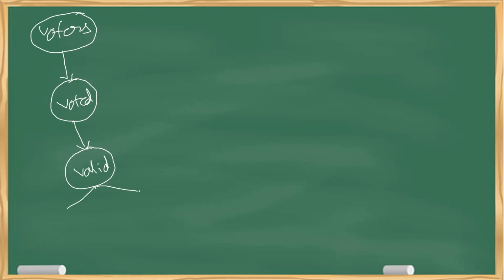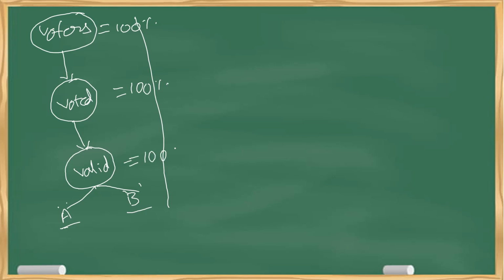These valid votes will be split among the candidates. This is the concept of voting. And this structure, please don't forget, in every stage, this is considered as 100%. This number of votes is also considered as 100%. This number of votes is also considered as 100%. So 100% of valid votes is split among A and B. If A is getting 60% of valid votes, then B should get obviously 40% of valid votes.